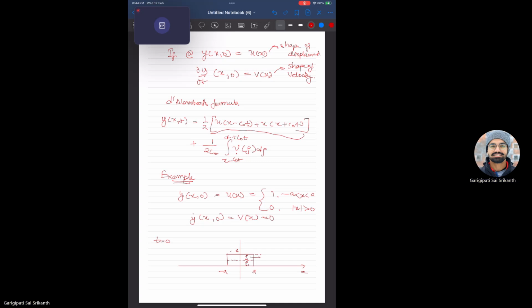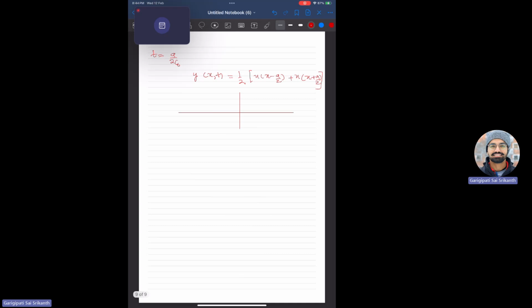So one, let's say, goes to the right and one goes to the left, and it has moved by a by 2. So one goes here, the other goes here. Now if we superimpose one over the other, you'll see some shape like this. So overall, it's a shape like this.